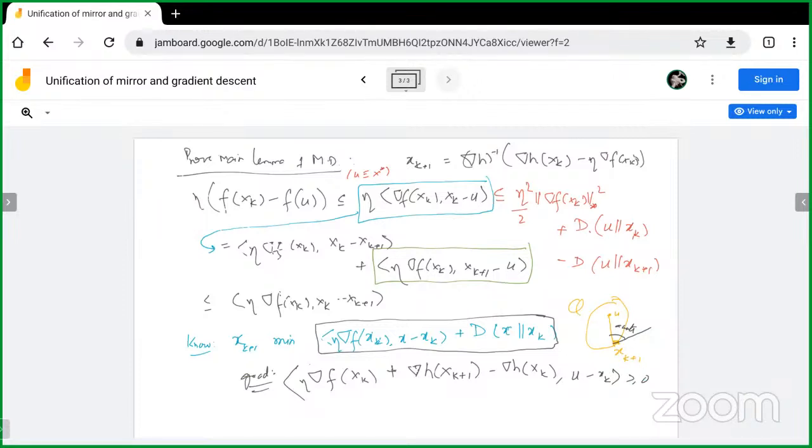And now I can plug this back here. So this gives me that this is at most the gradient term at x_k plus 1, with the inner product. Okay, there's a plus 1 here.